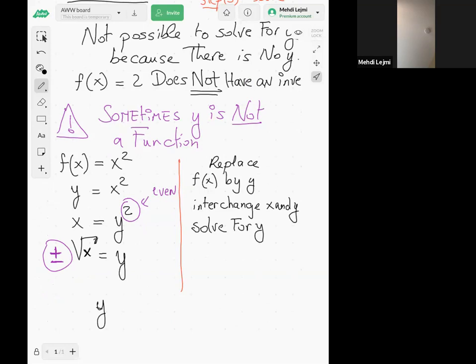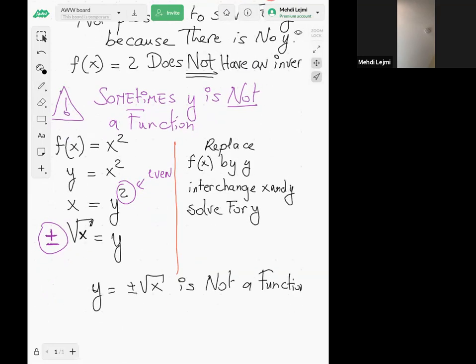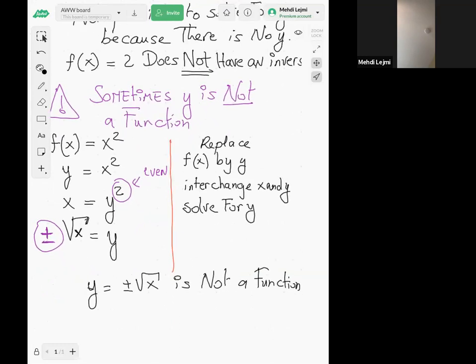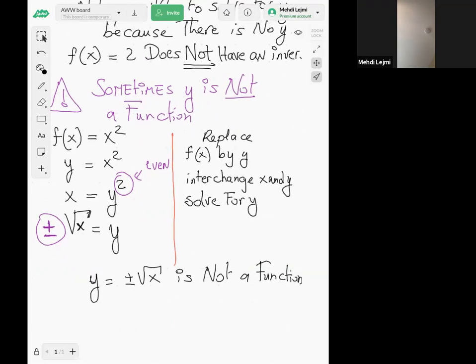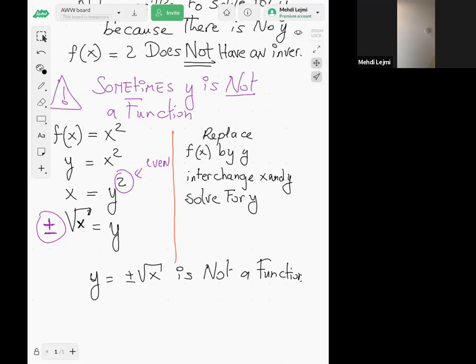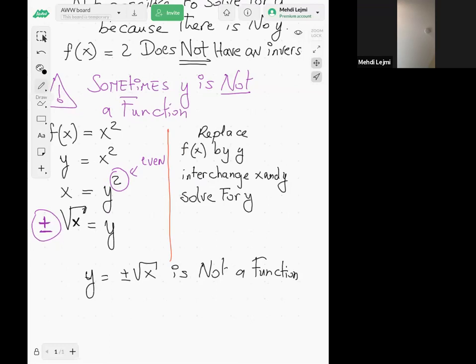In order to be a function, for each input x there is exactly one output. But here, for an input x, for example x equal to 1, you have two possible outputs because of the plus or minus.